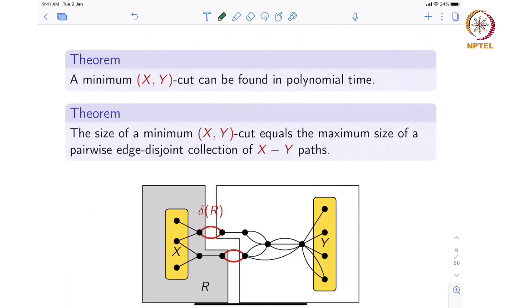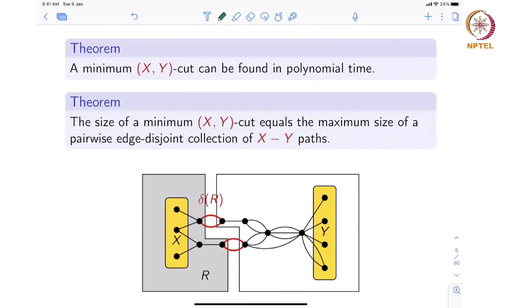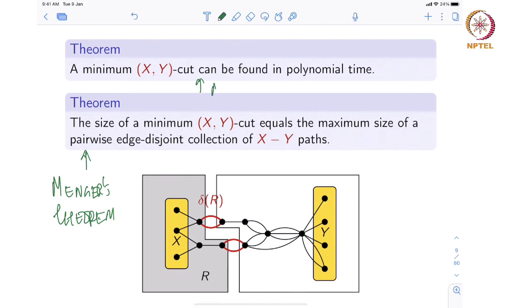Okay. And it is a well-known theorem that a minimum XY cut can be found in polynomial time. And the size of a minimum XY cut equals the maximum size of a pairwise disjoint collection of XY paths. This is nothing but our classical Menger's theorem, right? And a minimum XY cut can be found in polynomial time, and this is again using the max-flow min-cut theorem.